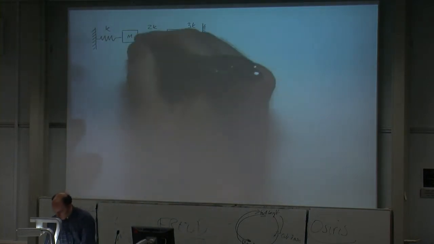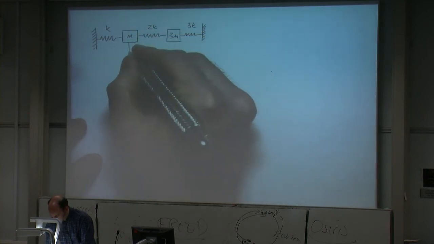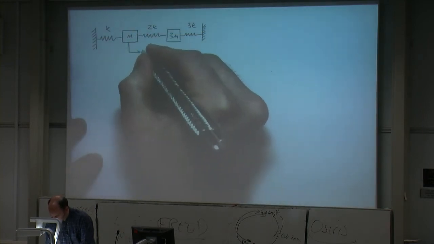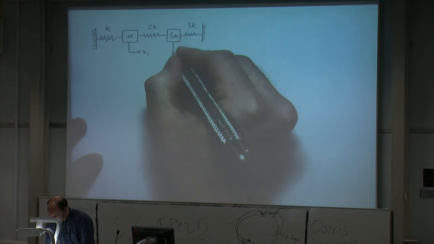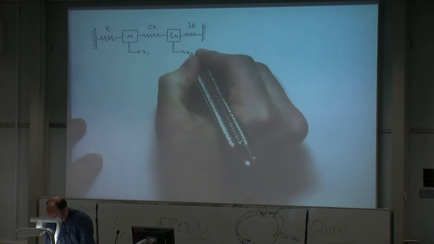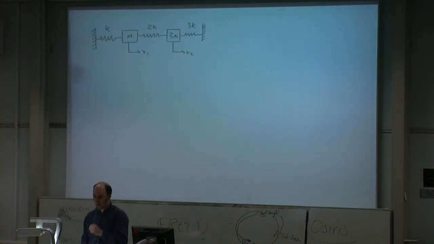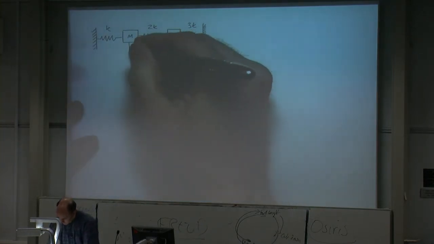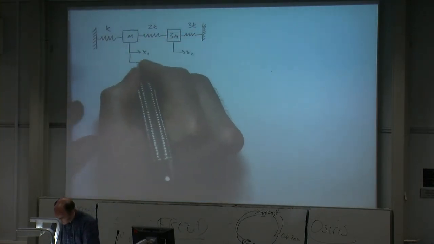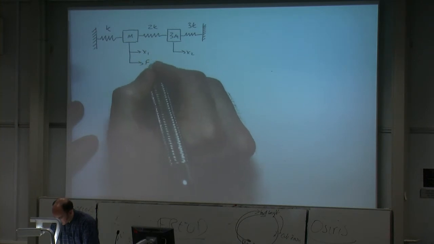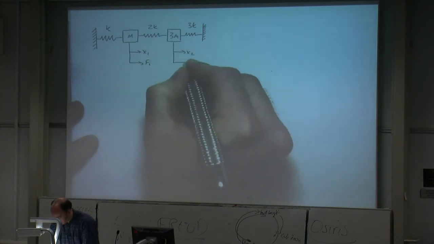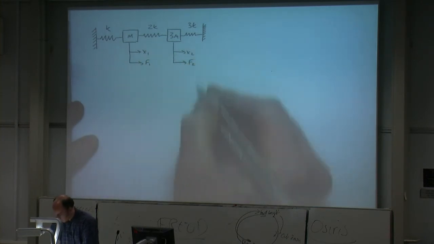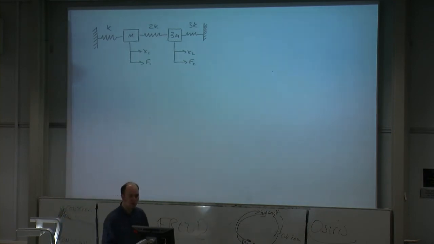And we'll call this one x1, positive to the right hand side, and we call this one x2. And there's going to be a force being applied to these masses. Well, in fact, one of the forces is in fact 0, but let's draw both to be consistent.